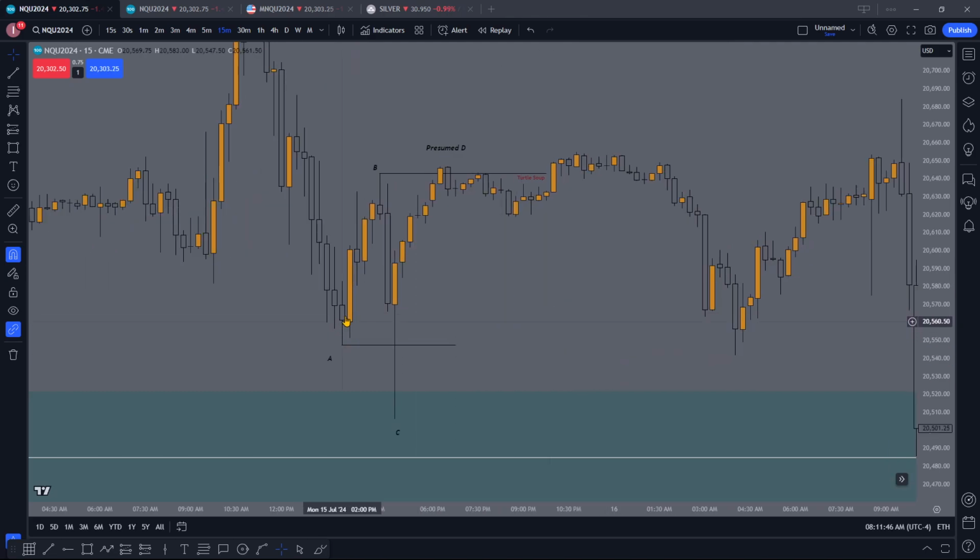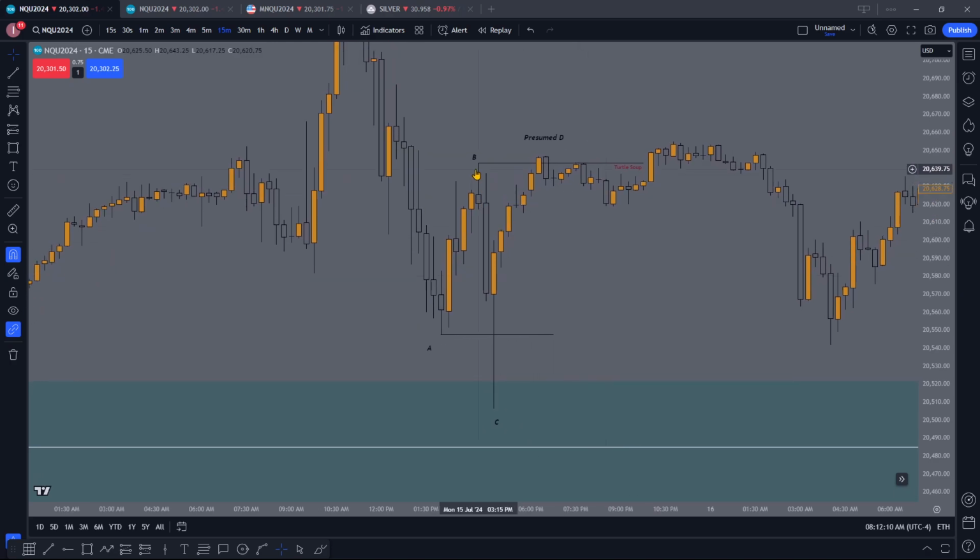Why do we have this move higher initially? To induce buyers and to place willing sellers at these lows. And then we go and sweep the initial mitigation. The initial mitigation is not some magical low that's going to be swept. There is logic to this.